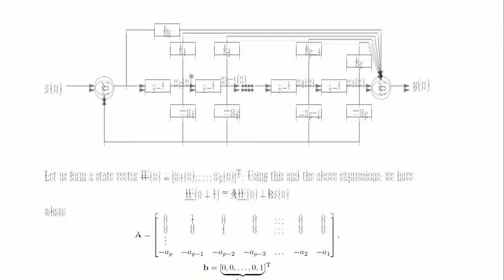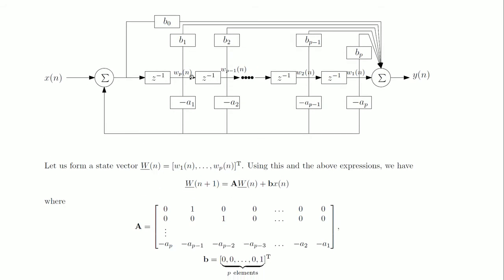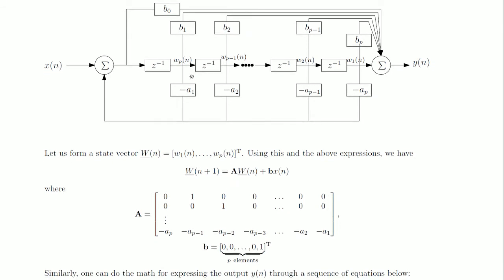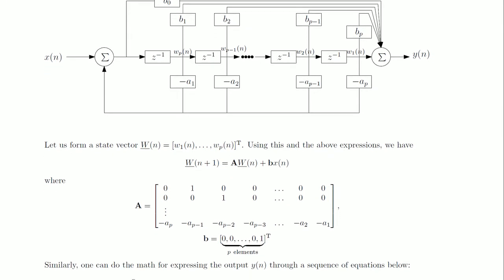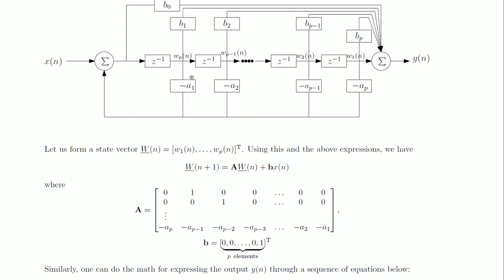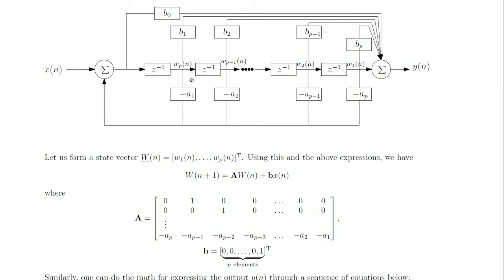Now, let us form a state vector, which is capital W(n), the vector W_1(n) and so on till W_p(n), and we have these interim state variables which are described as follows.